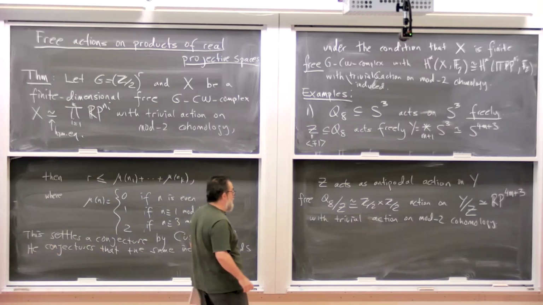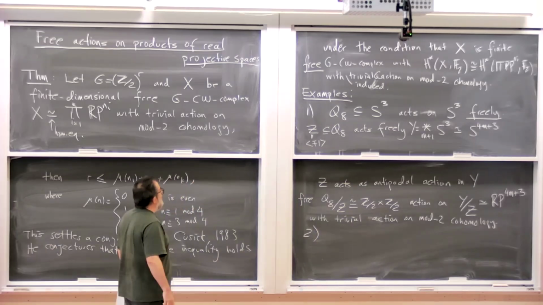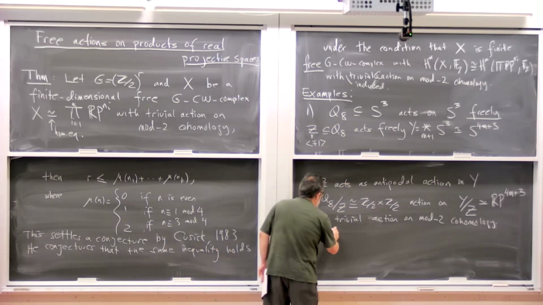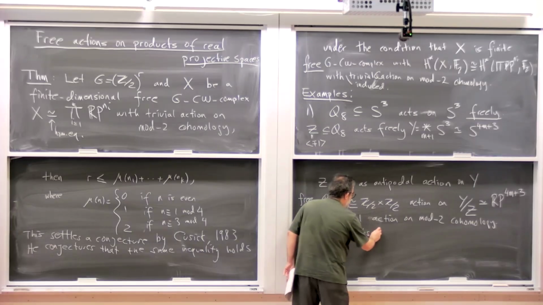For 4m+1, those are easier to construct. You can take a C4 action on an odd sphere.